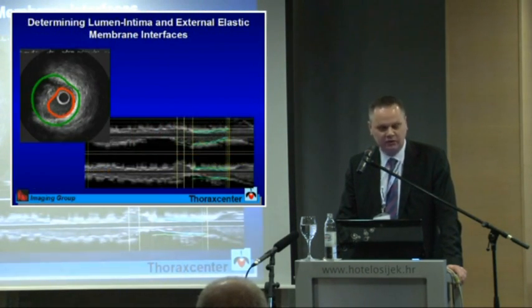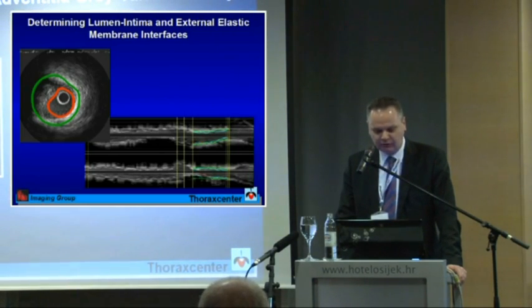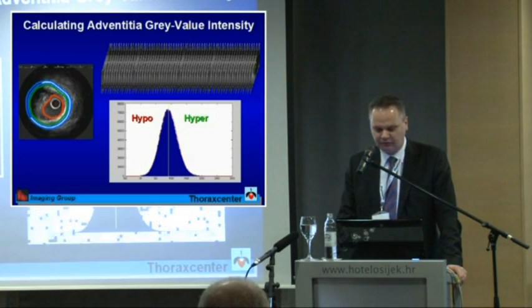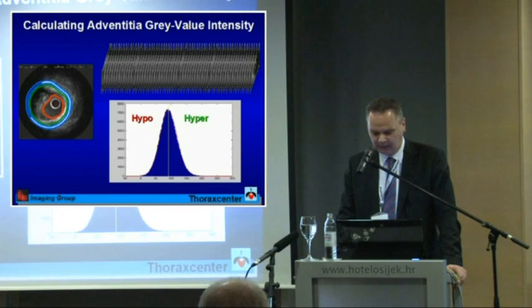So first what we do is to identify in IVUS, in a pullback of such a stent, the lumen and the adventitia and the outer part of the vessel, and then we assume an adventitia layer around it. We do not investigate one image, but we do that for all the frames, and then we can make a plot of the gray values of the adventitia. And then we take the mean of it.